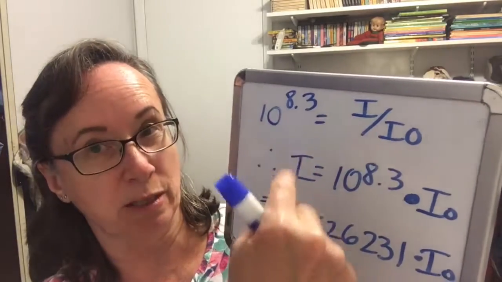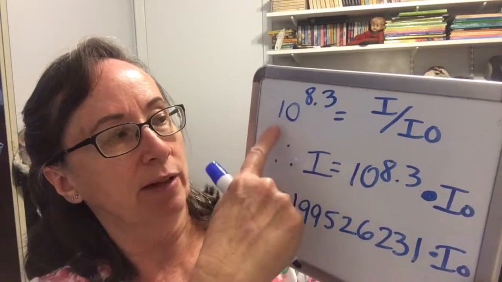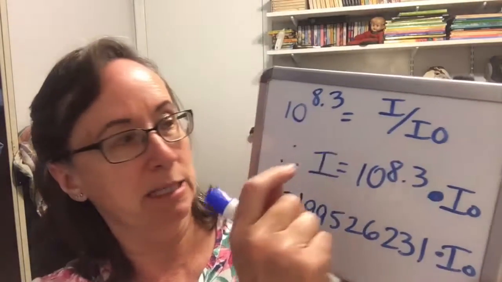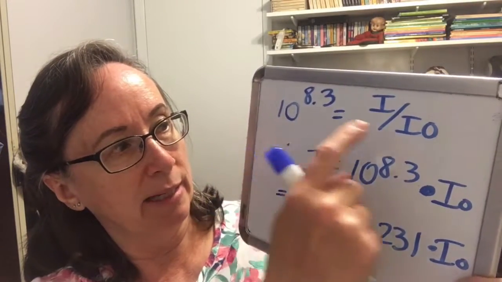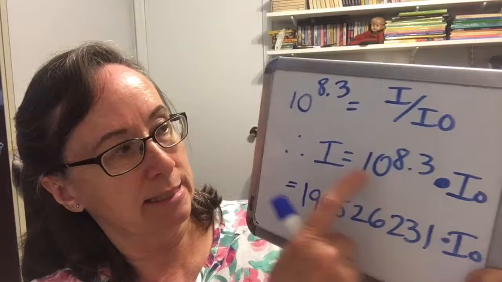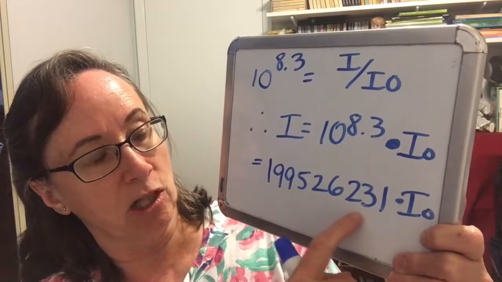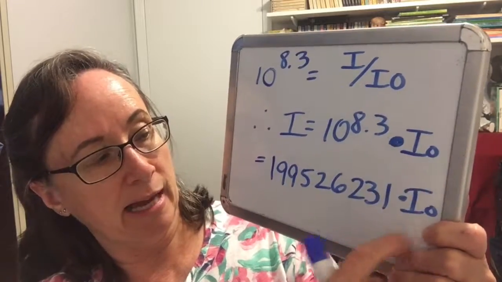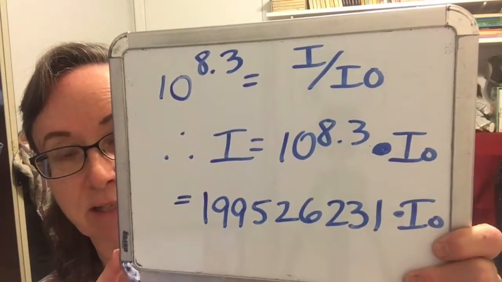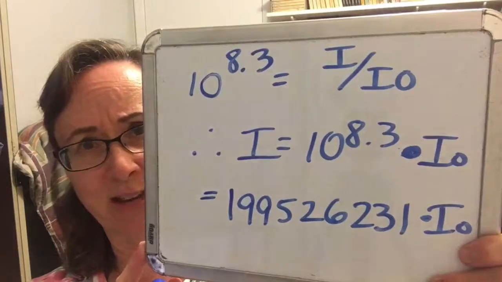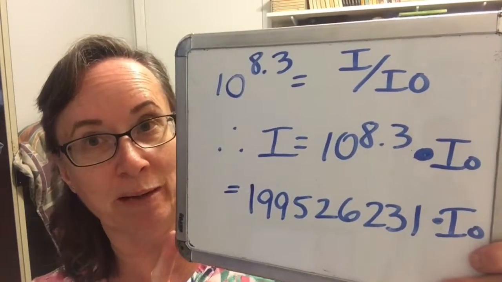In other words, we're cross multiplying, or multiplying both sides by I sub 0. And we end up with this is equal to the intensity. And when we put this in the calculator, we get this long answer times I sub 0. And that is the answer. So that is an earthquake problem.